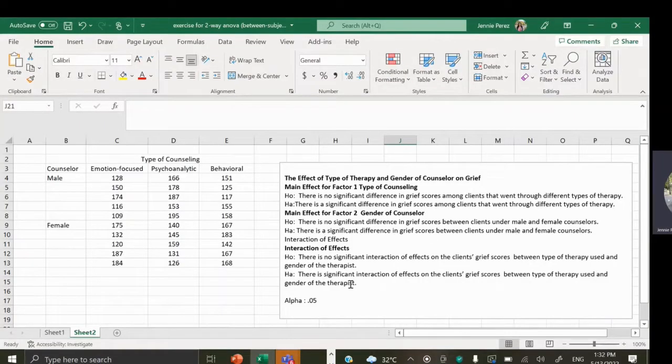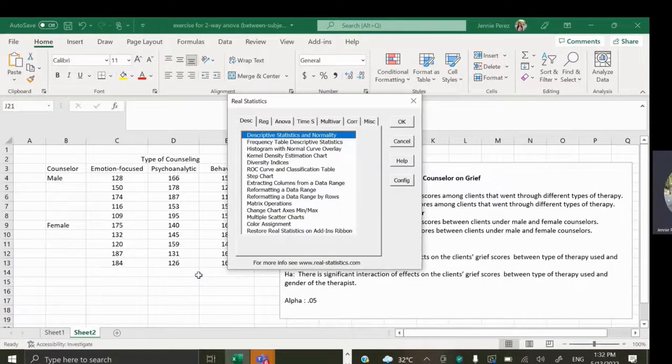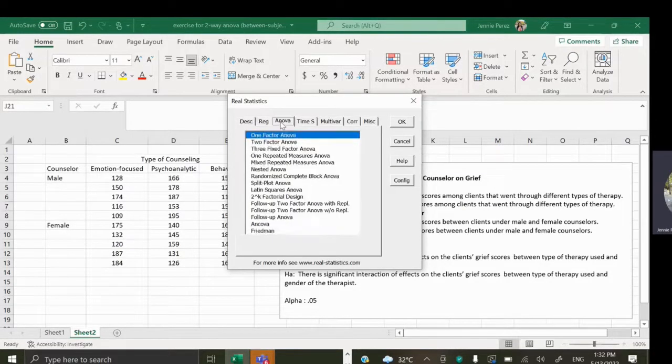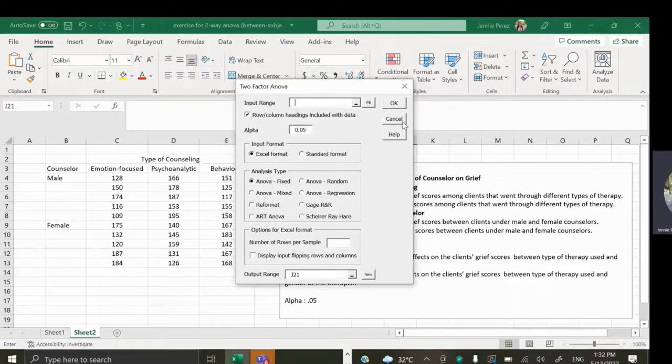On to performing the two-way analysis of variance, we just have to press Control M. So we have here the ribbons. We click ANOVA, then click two-factor ANOVA, and we click OK.